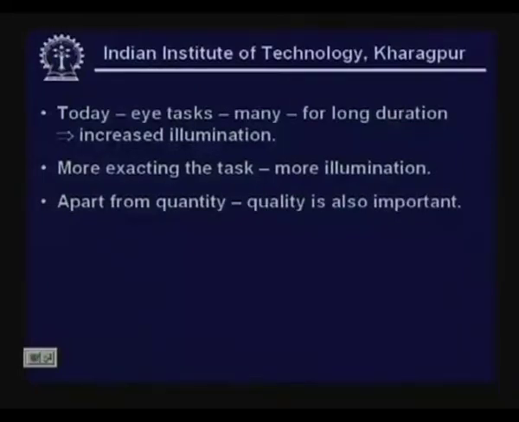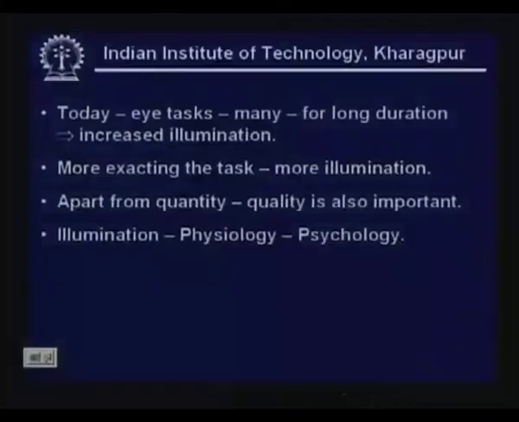See, the quality of light is also equally important. It is not just illumination alone, that is, if you have more light flux, we say that we can see more critical reading or writing, but it is not enough. The kind of light, or quality of light, is also important, as already told right in the beginning, that illumination not only helps in observing and acquiring information.